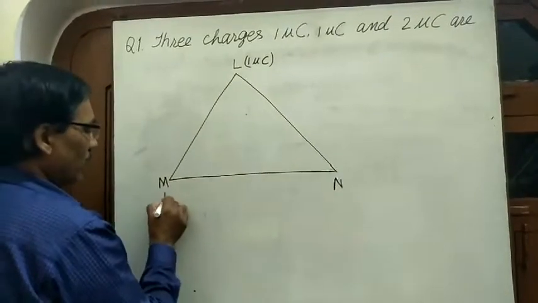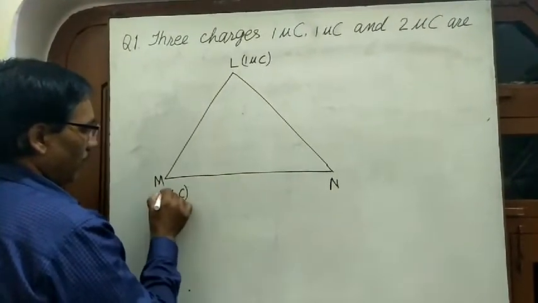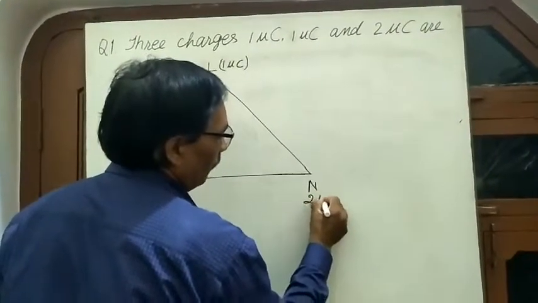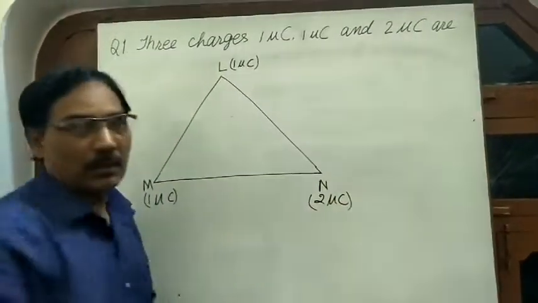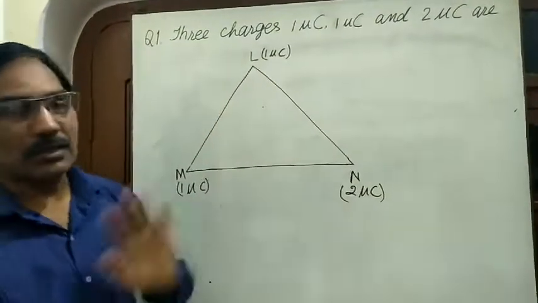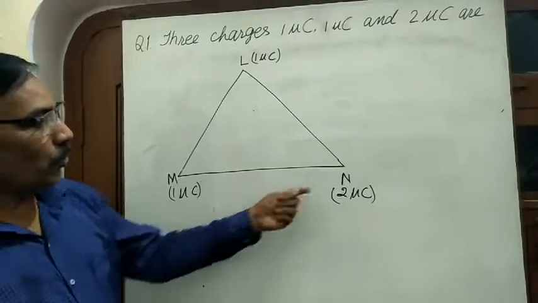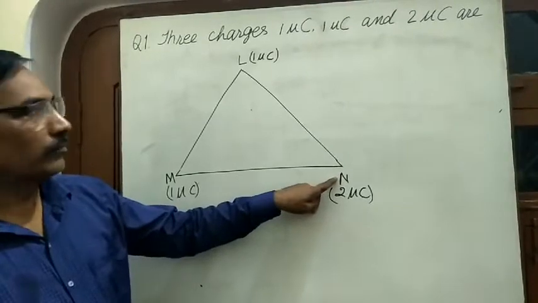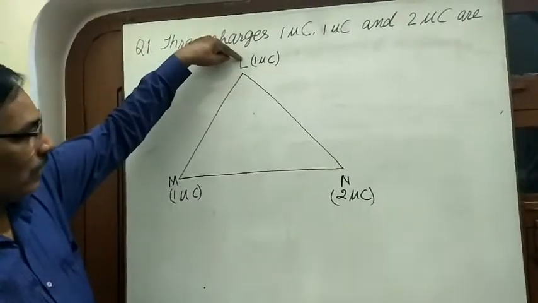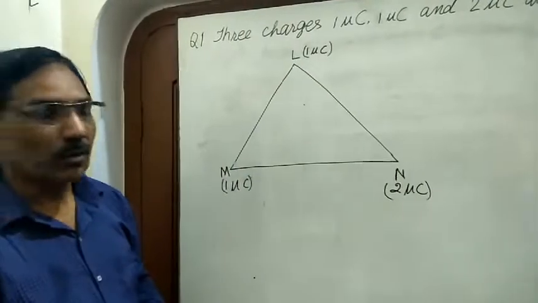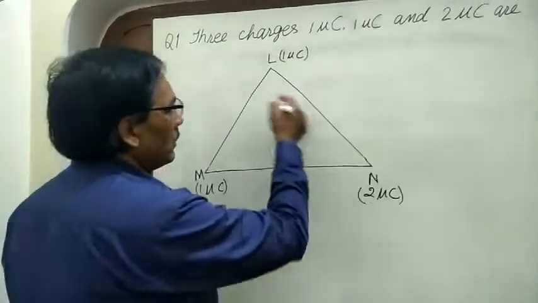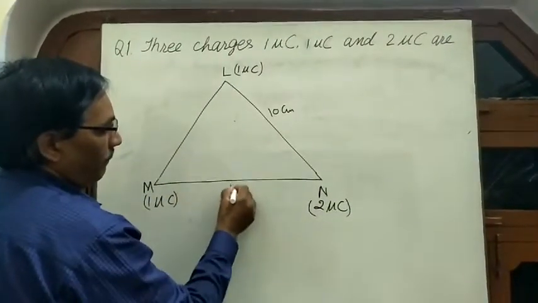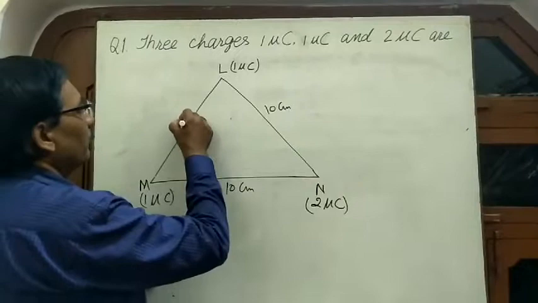At M again it is 1 microcoulomb, and at N it is 2 microcoulomb. These charges are positive. We want to find the force on the charge kept at point N due to the charges at L and M. The sides of the triangle are 10 centimeter. It is an equilateral triangle.